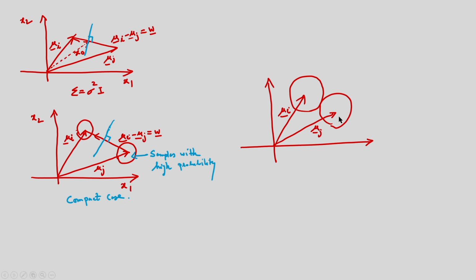So this is mu j, and you can determine mu i minus mu j, and in this case also you can determine the decision boundary. So the decision boundary will be something like this. So this is the non-compact case.